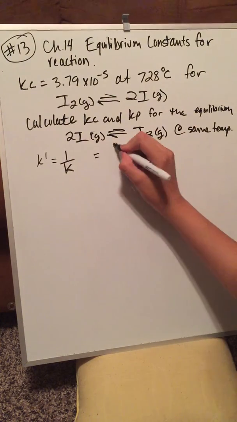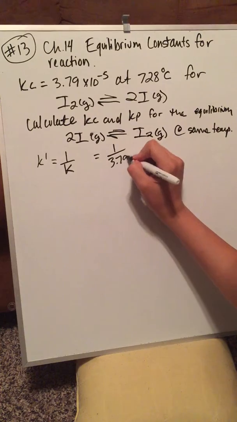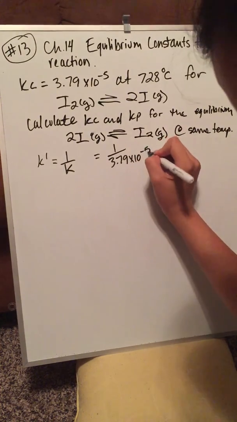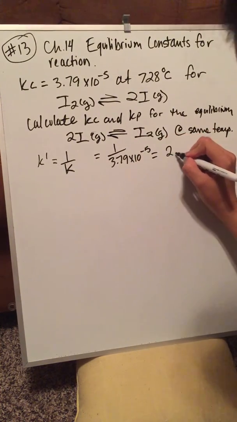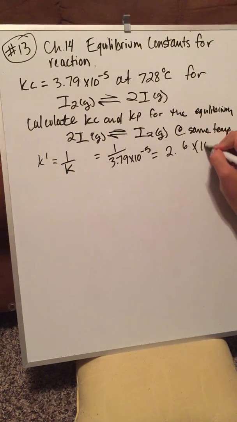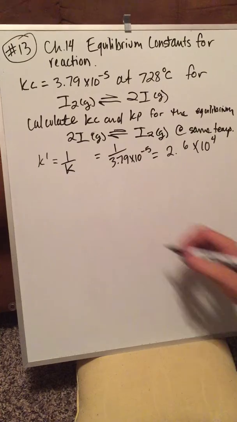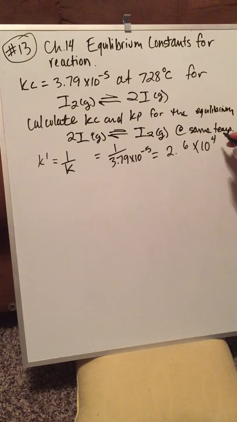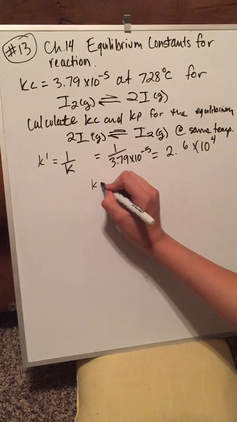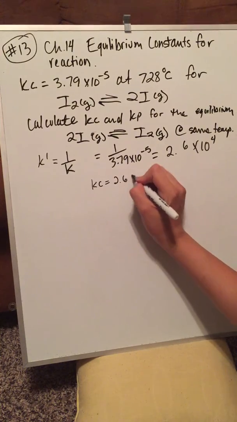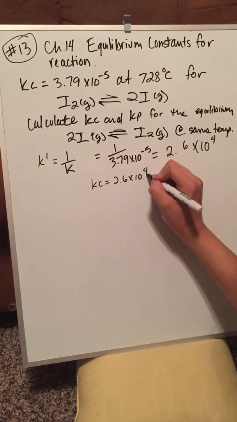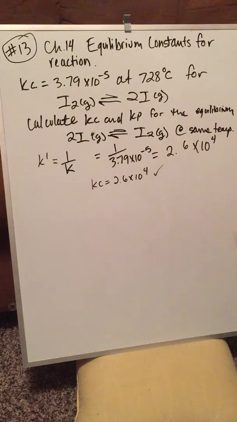So that equals 1 over 3.79 times 10 to the negative 5, and that gives us 2.6 times 10 to the 4th. So this is our Kc. So that's the first part.